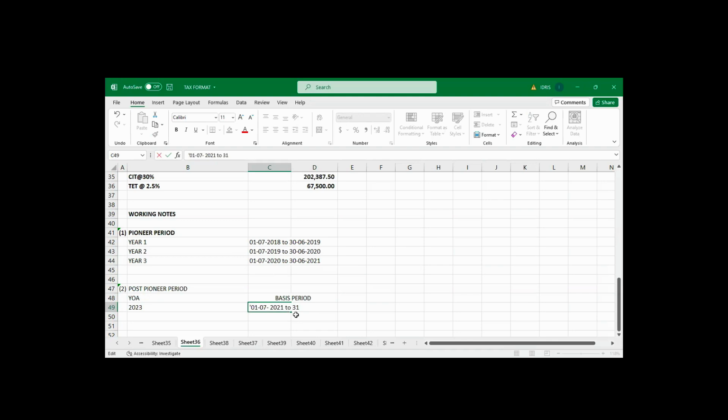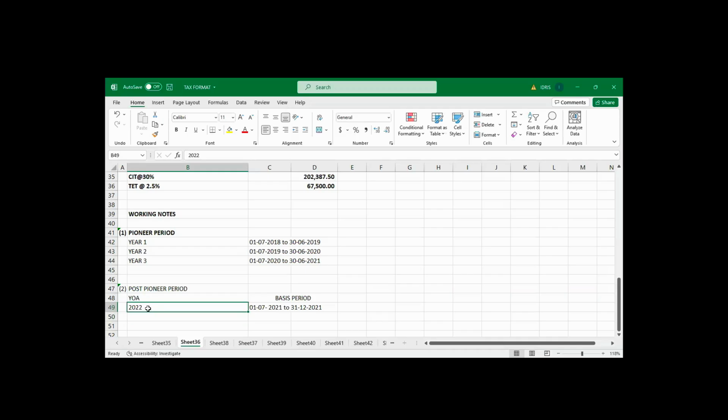If we apply commencement, when the company just commences a business, from the date of commencement up to the end of the accounting year end, 31st December 2021. Sorry, let me correct: this one will be 2022 year of assessment.